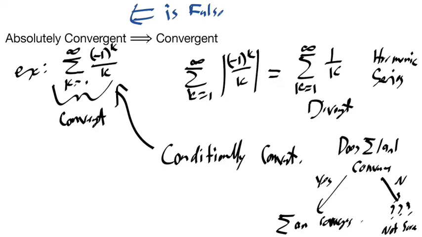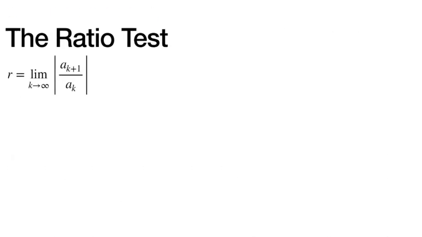So you're going to have to do some different type of work to figure out if the sum converges or not. So absolute convergence is stronger. It's a harder thing to prove. So once you know it's absolutely convergent, then it had to have been convergent. But if it's not absolutely convergent, you can't really conclude anything. You could be on the ones that do converge or the ones that don't converge.